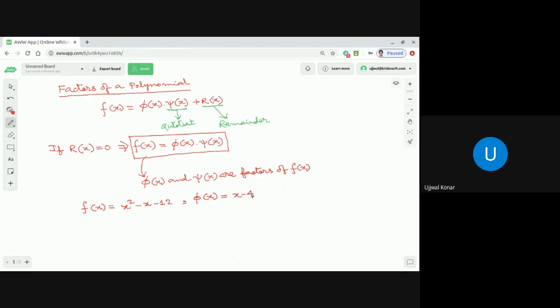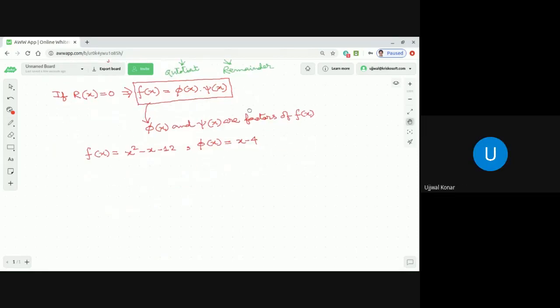That means we are going to divide x square minus x minus 12 by x minus 4. Correct, no? Yes, sir. What will you get? You will get the remainder 0. If you do a long division, you will get the remainder 0.